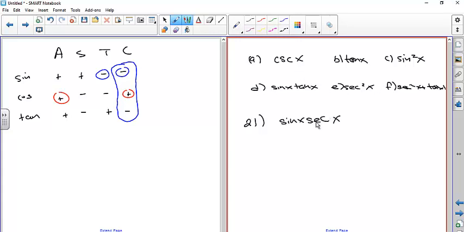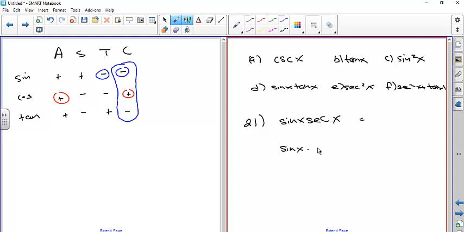So it's a matter of using the trig identities that we've learned: reciprocal identities, the Pythagorean identity, the cofunction identities, and the odd-even identities, to make this look like one of these 6. So in this case, it looks like using a reciprocal identity would make sense.